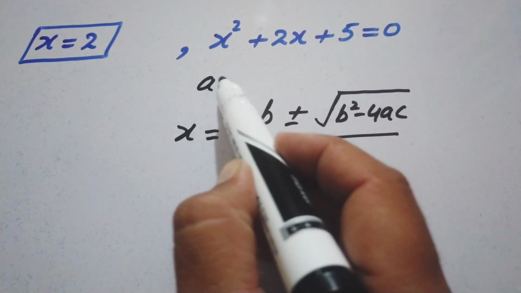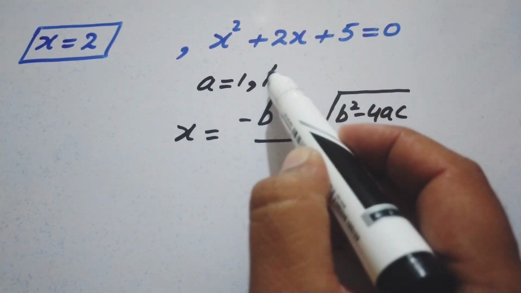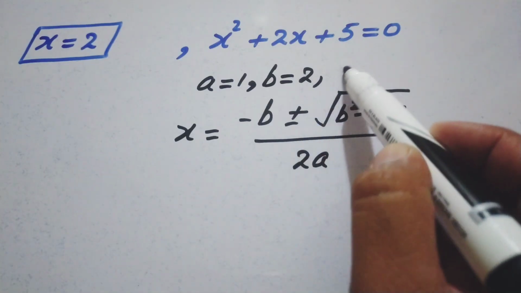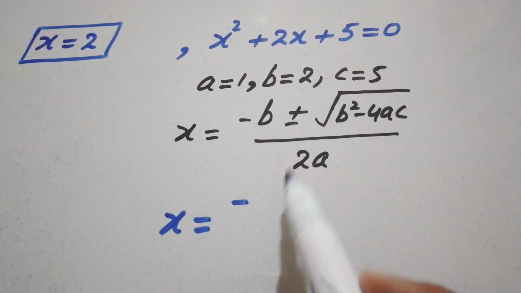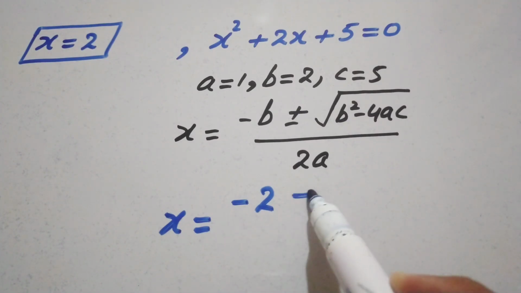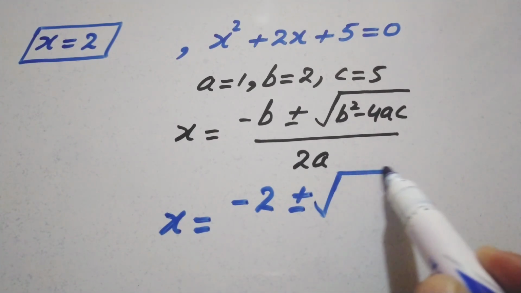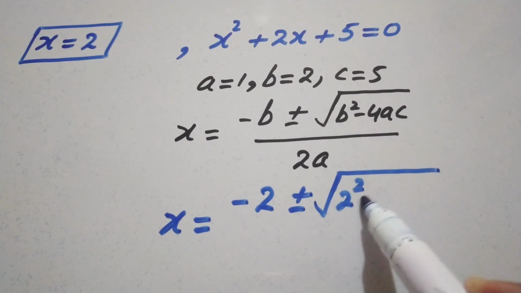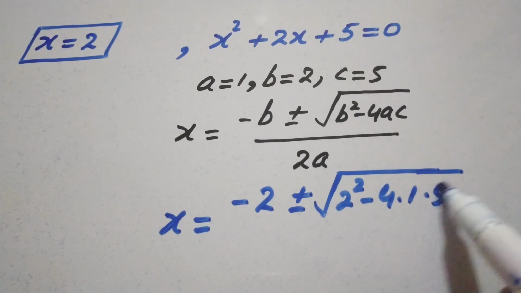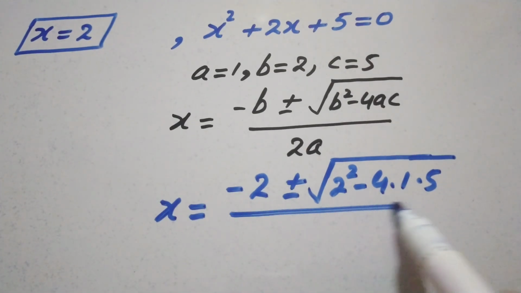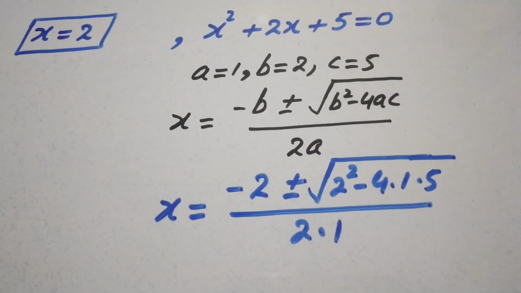So here a is equal to 1, b is equal to 2, and c is equal to 5. Now using these values in this formula, so we get x is equal to minus b, the value of b is 2, so this will become minus 2, plus minus b squared means 2 squared, minus 4 into a, which is 1, and c, which is 5. Divide by 2 multiplied by a, 2 multiplied by 1.